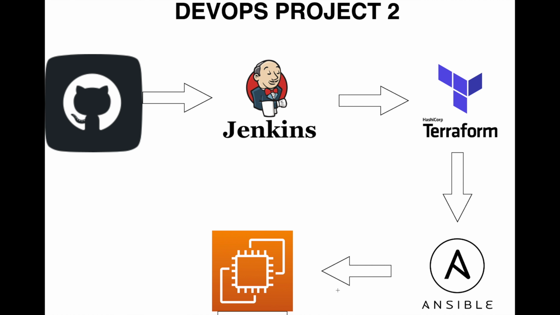In this project, we will first create this pipeline with the help of Jenkins. Our pipeline will fetch the code from GitHub and bring it to the server. Then Jenkins will create one EC2 instance.